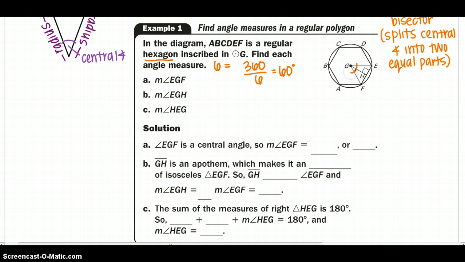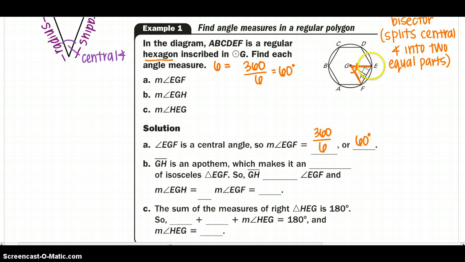So now that they are asking for EGF, that would be our central angle, so we're just going to write that again, 360 divided by 6, or that angle would be 60 degrees.